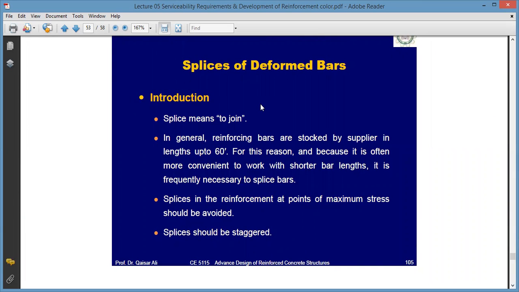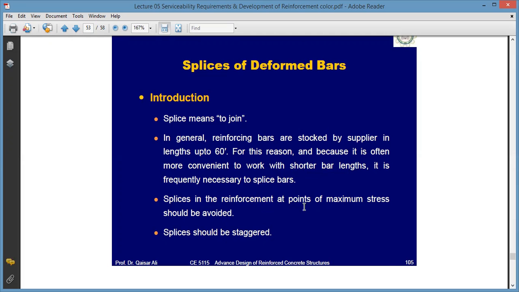Now let's come to splices of bars. Splices mean to join. In general, reinforcing bars are stocked by suppliers in lengths up to 60 feet. For this reason, and because it is often more convenient to work with shorter bar lengths, it is frequently necessary to splice bars.